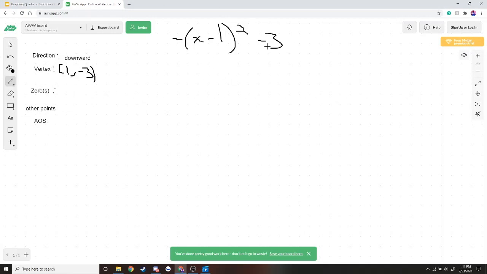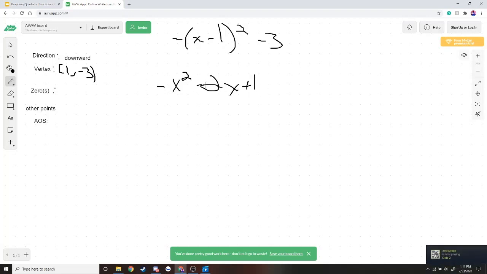Next, what we need to do is find the zeros of this, or if it has any zeros. So we could set this equal to 0, or we could expand this out using FOIL, like we learned in our past videos, and factor from there. For the sake of demonstration, I will expand this. So x minus 1 squared would be x squared minus 2x plus 1.